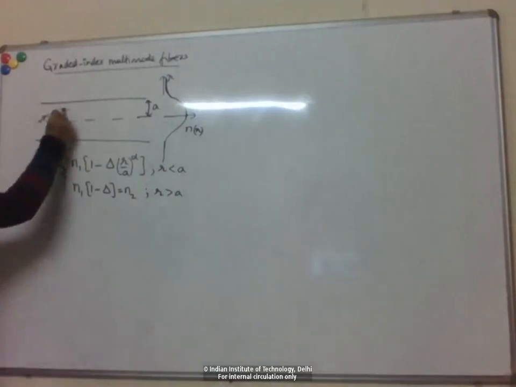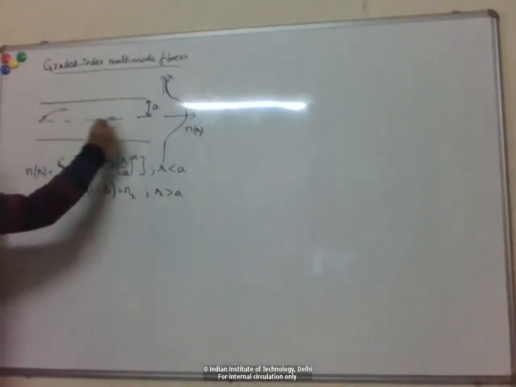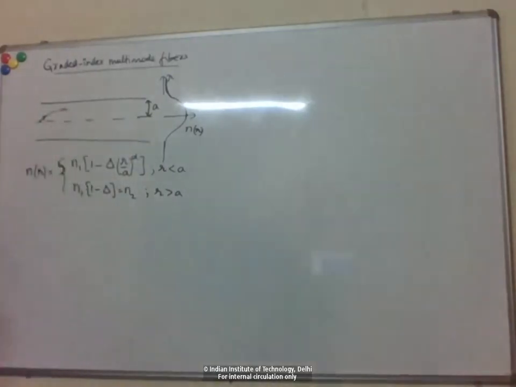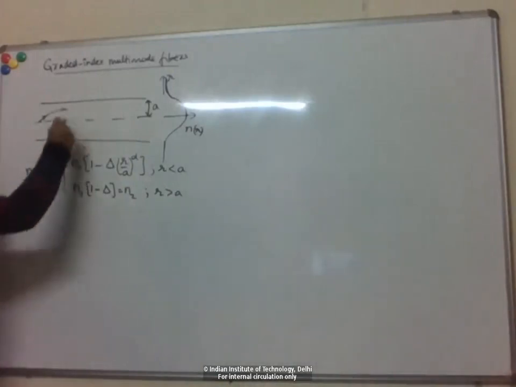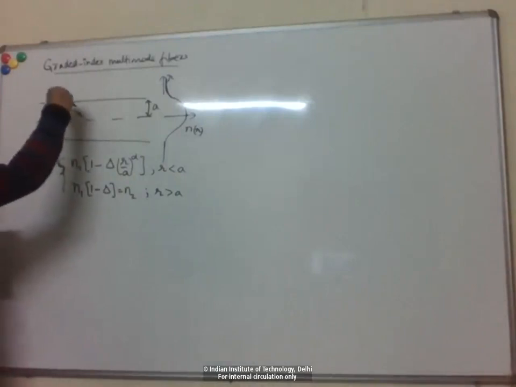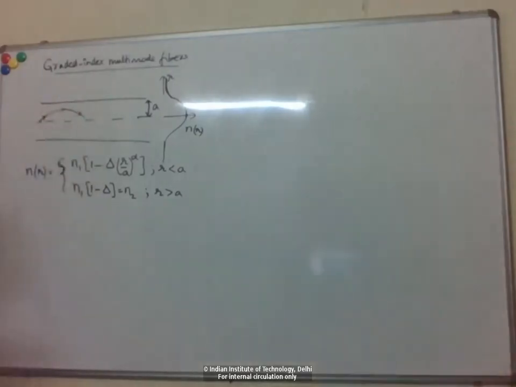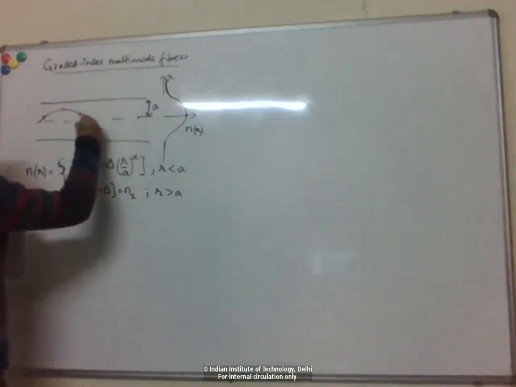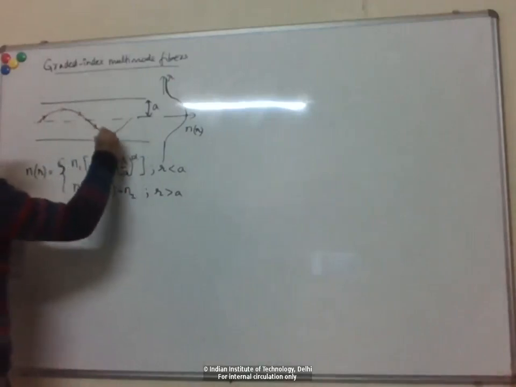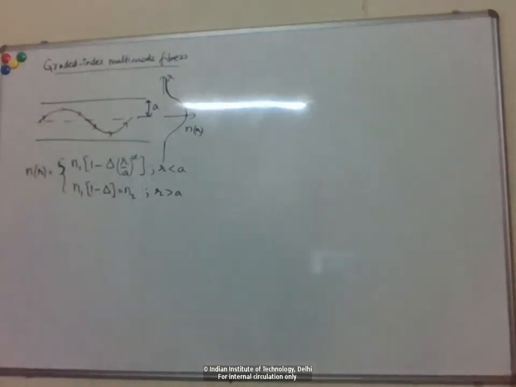At some point, it will become parallel to the axis, to the longitudinal direction, and then it will retrace its path back. Now it's going from lower index to higher index, and it will bend towards the normal. So it will just retrace the path, and you can keep following it like that. One thing to notice is that the ray paths are now curved, not straight lines.